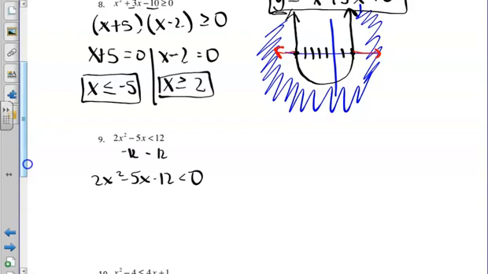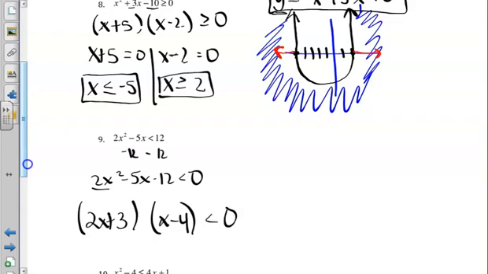Again, I figure out how to factor this. So I know that two numbers that multiply to 2x squared are 2x and x. And factors of negative 12 can be negative 4 and 3, 4 and negative 3, negative 12 and 1, and negative 1 and 12. So I'm going to plug these in and just check to make sure that gives me what I want.